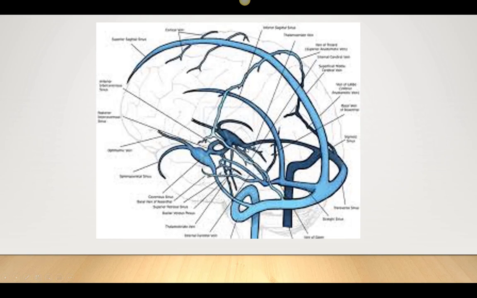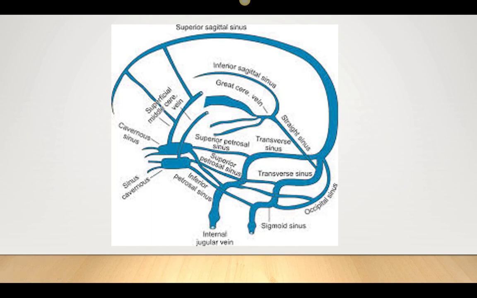Now, going over the anterior part, this is the part around the pituitary gland. On the two sides, you have the other sinuses that we're going to see, but here you see how they are connecting. Finally, all the venous blood of the brain goes through the sigmoid sinus and internal jugular vein, getting out of the brain here.